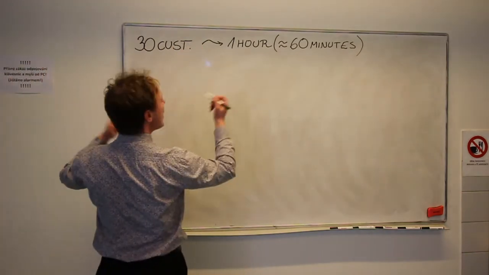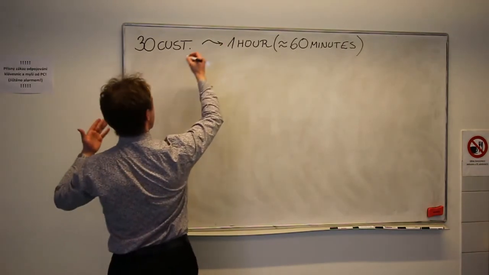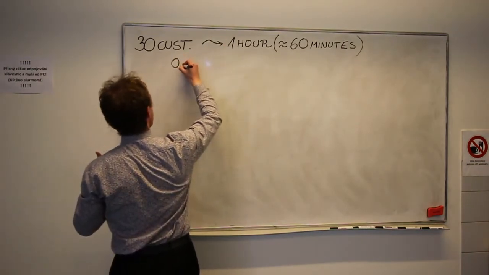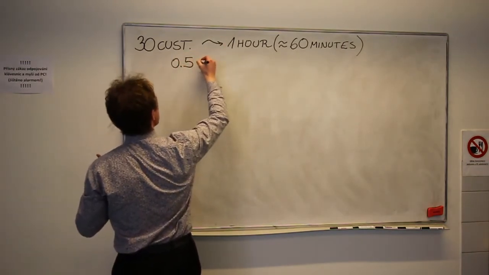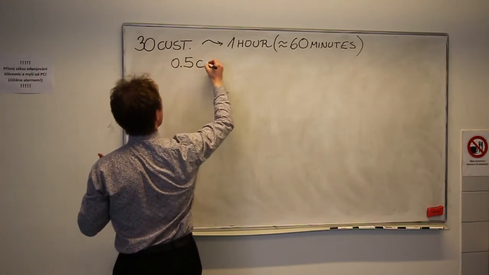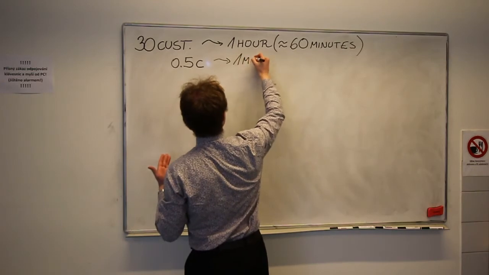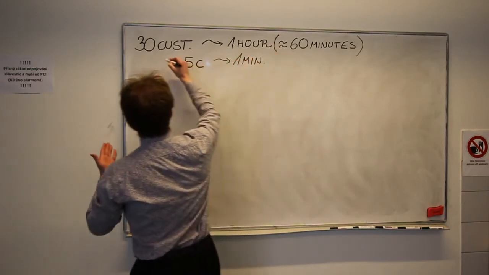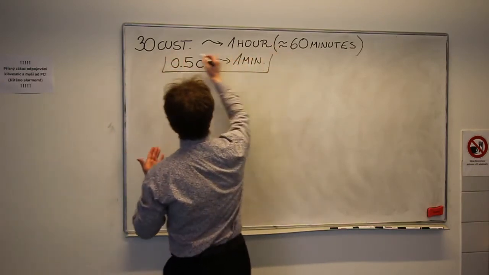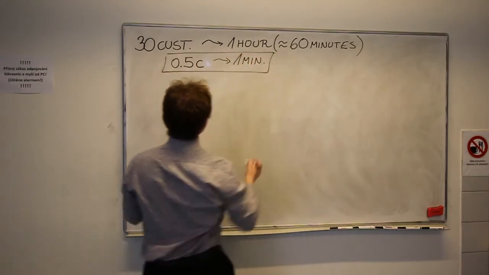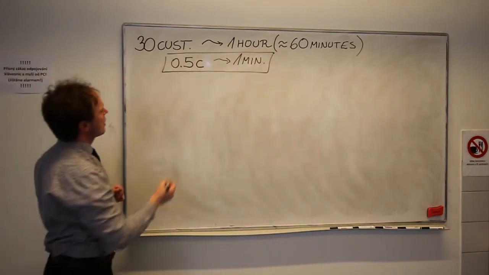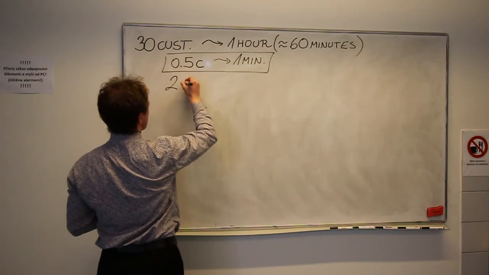So we know that we can expect 0.5 customer within 1 minute. Within 1 minute we can expect half a customer. So within 4 minutes you can expect 2 customers.